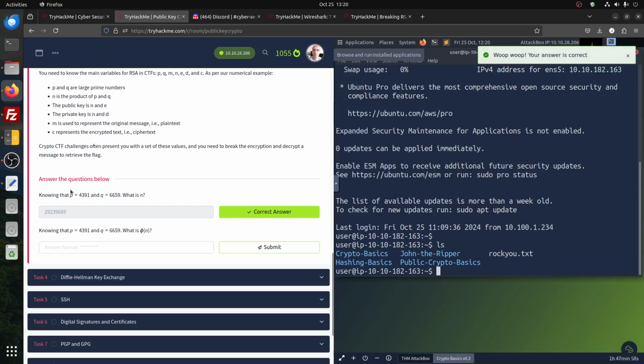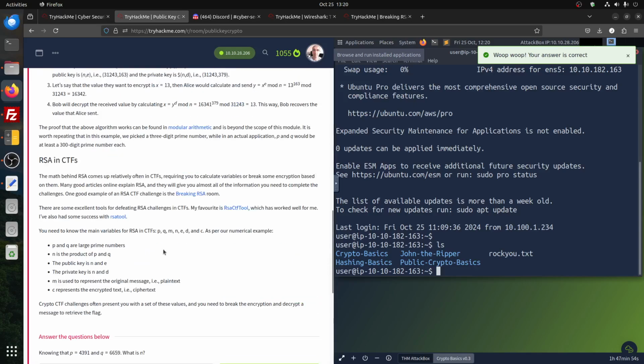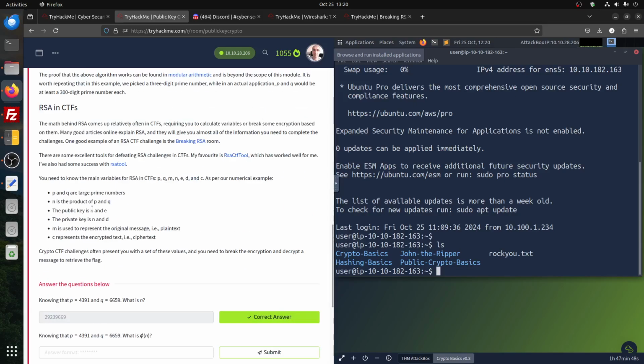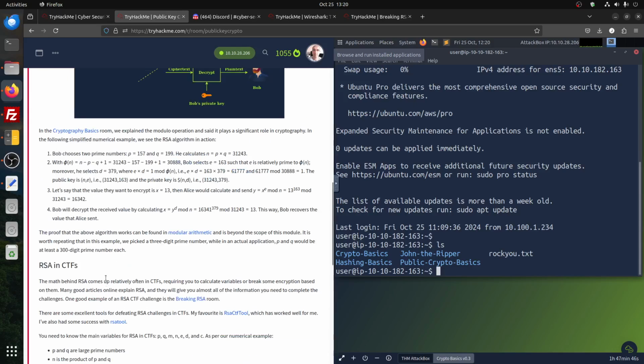And then, given p and q, what is the totient function? The totient function is what we got now. We got p. The totient function is n minus p minus q, plus 1, if I'm not mistaken.